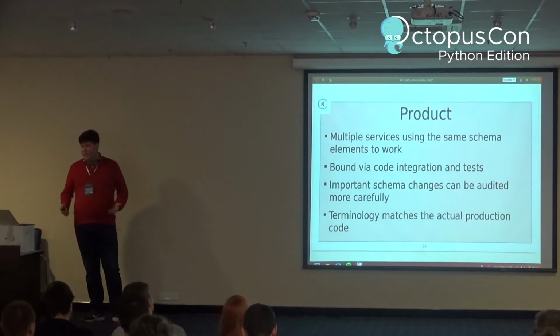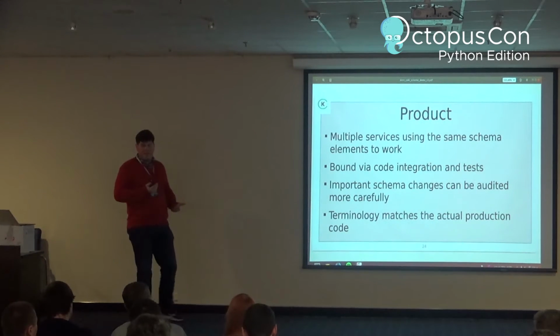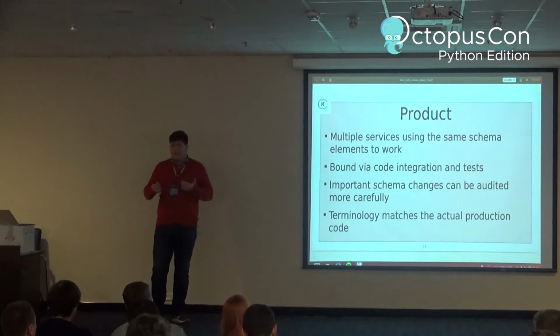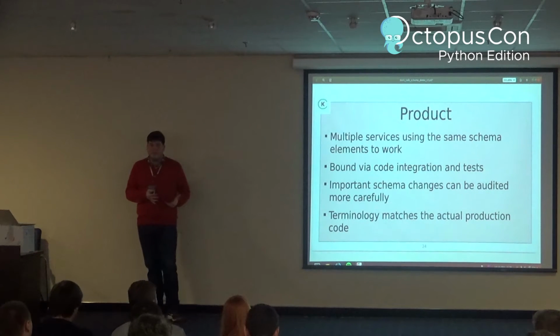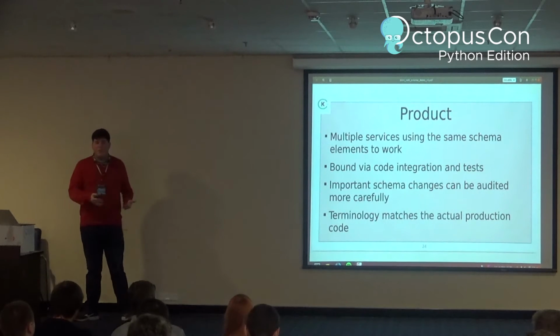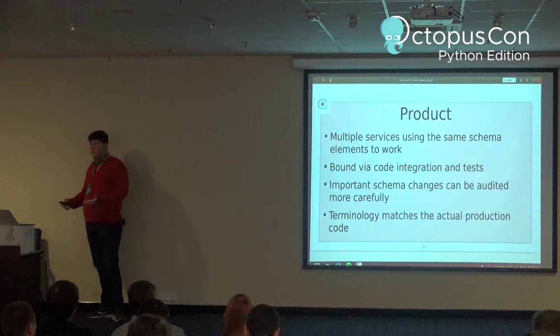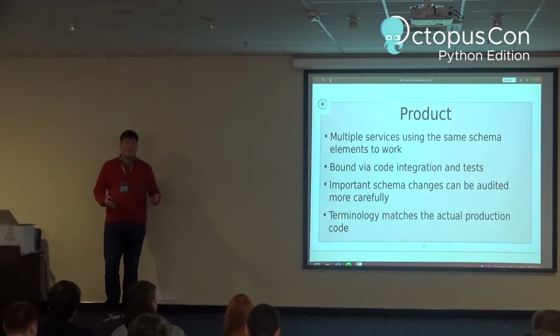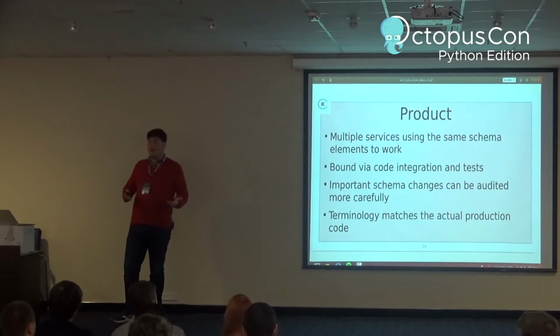So this product, as we've seen, will use the same schema elements for multiple services. So you can have all these different things share the same language, the same idea. These important changes can be audited more carefully, and the terminology should match the real code. Because if you have this library of terms, of expressions, then why wouldn't your product people use it?